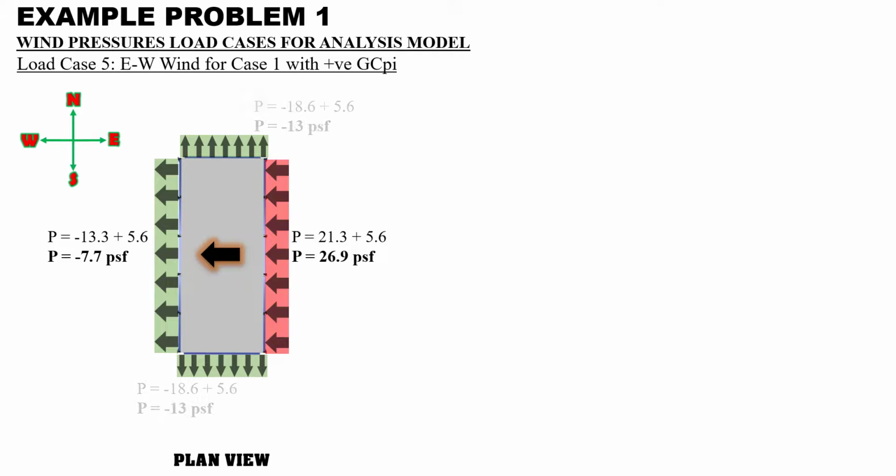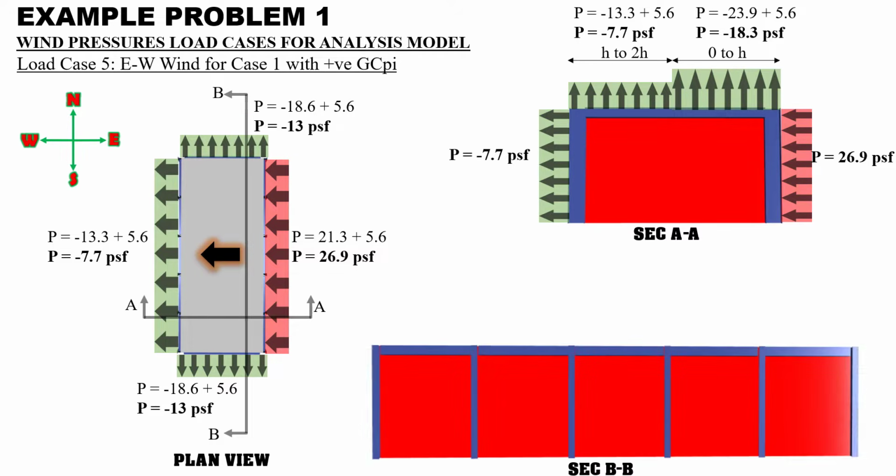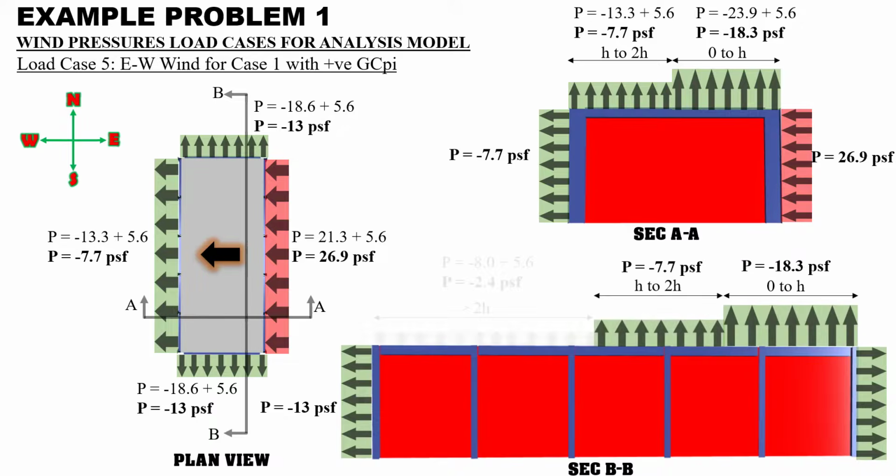Side walls remain the same. These are the pressure values. When we cut a section AA, there is a shuffling of windward and leeward walls. And now the 0 to H region is starting from the right side. For section B, the same goes here.